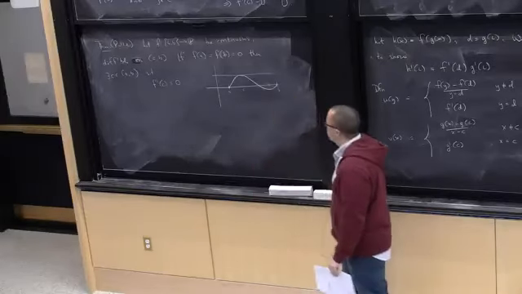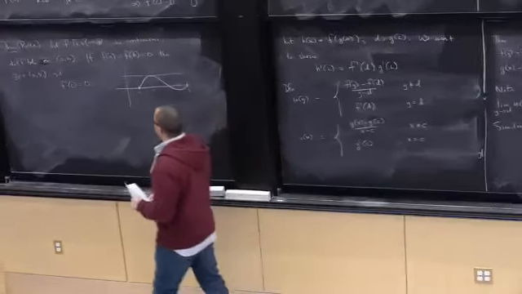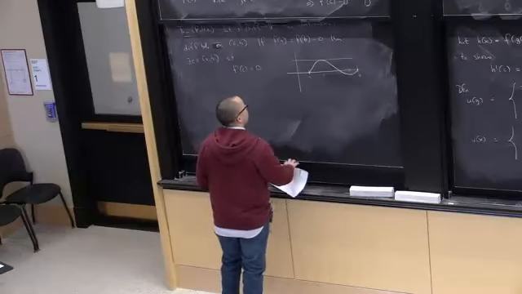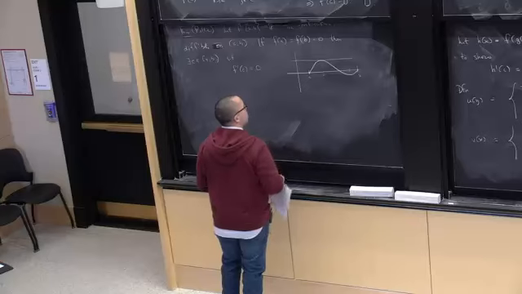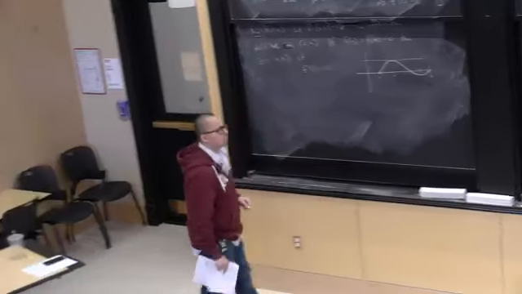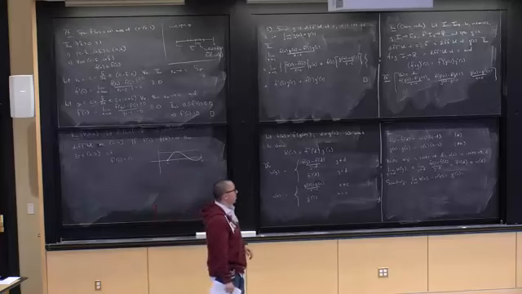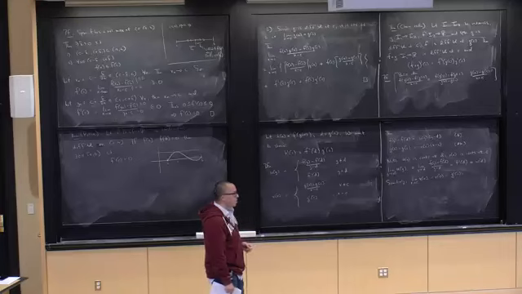You know, that is the heart of the proof. And why does it even have an absolute maximum or absolute minimum?